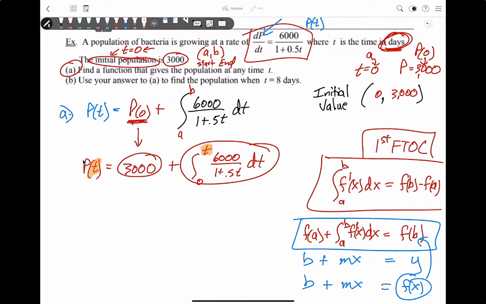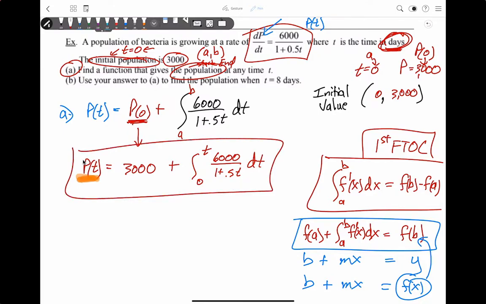You could see how much it would get after 15 days per se. So it has that kind of feel to it. And I just want to make sure that you understand the initial versus the change and how it equals the final amount, the final position, the final population, whatever context it is that you're looking at. But sure enough, this is the answer for part A.